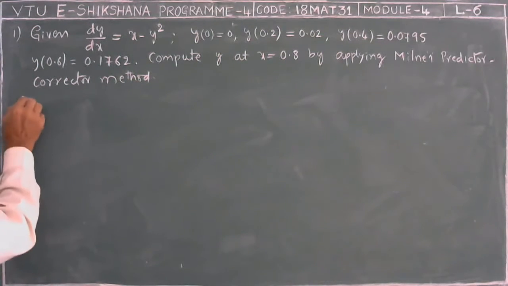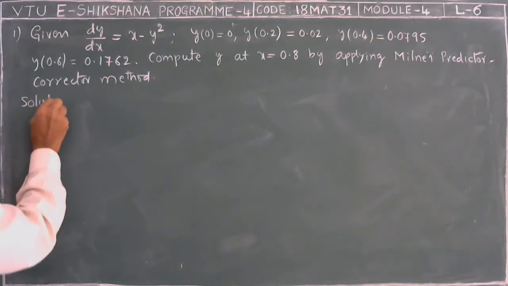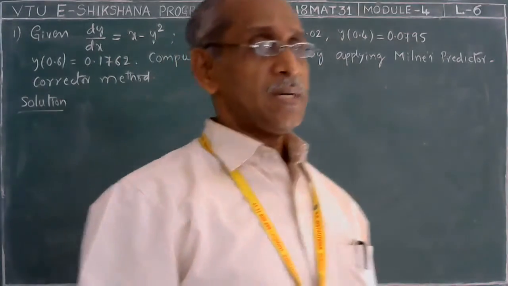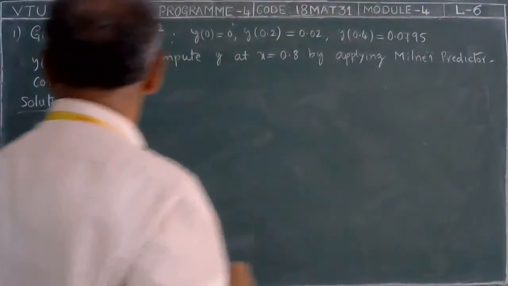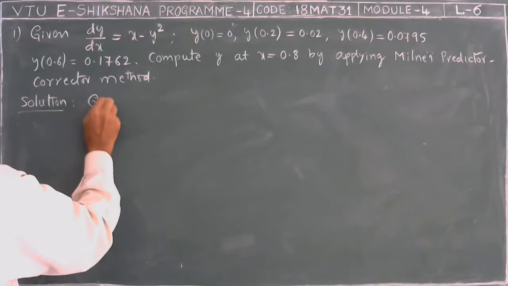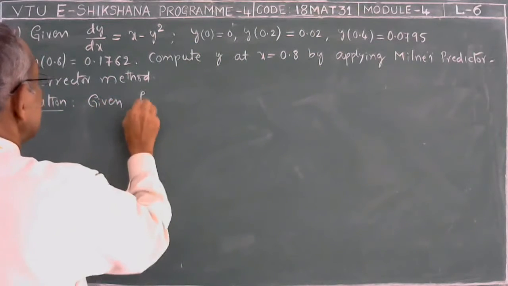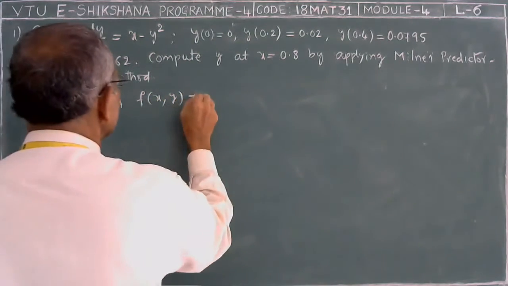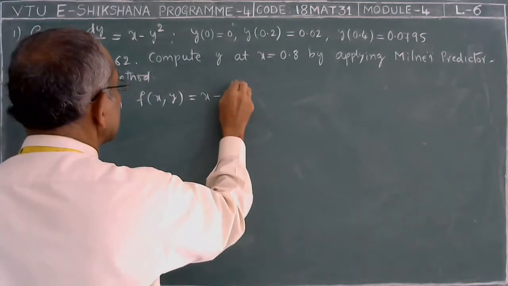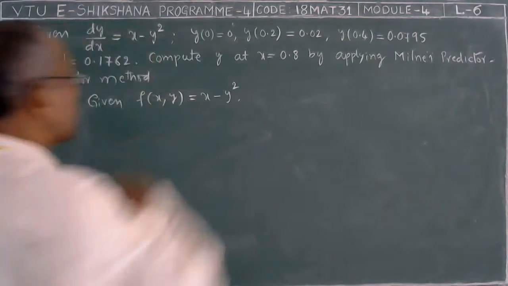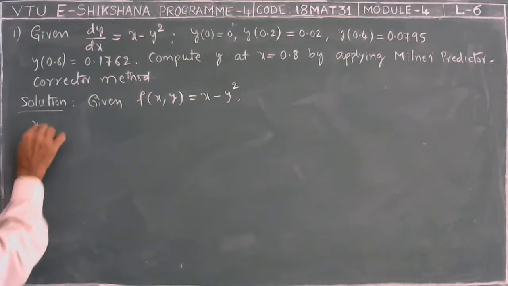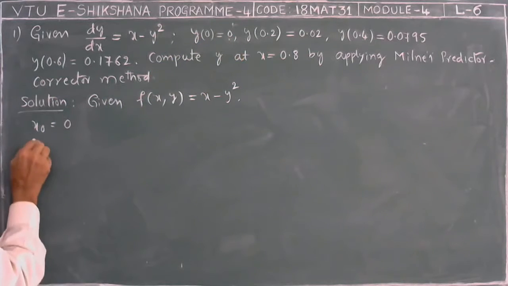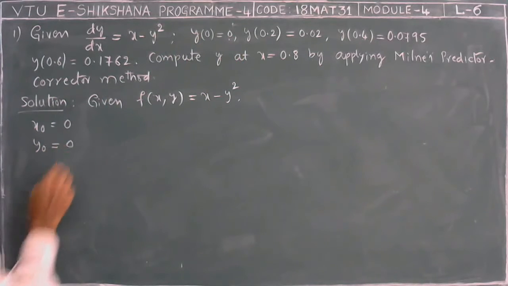First let us write down the given data. As I told you, it is always good to write the given data so that you will know what exactly you have to do. Given f of x comma y is equal to x minus y square. Then x naught is 0, and the corresponding value of y, that is y naught, is also 0.